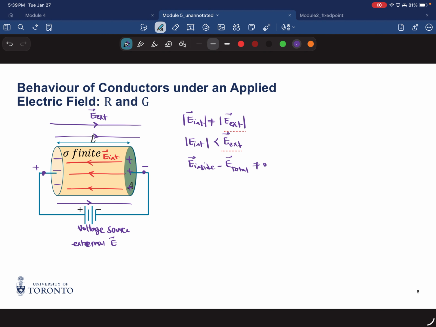So we can say it is as if we had a resistance value here. And this resistance value can be derived by saying, okay, R is equal to V over I, V being, let's say, this is the positive point and this is the negative point.